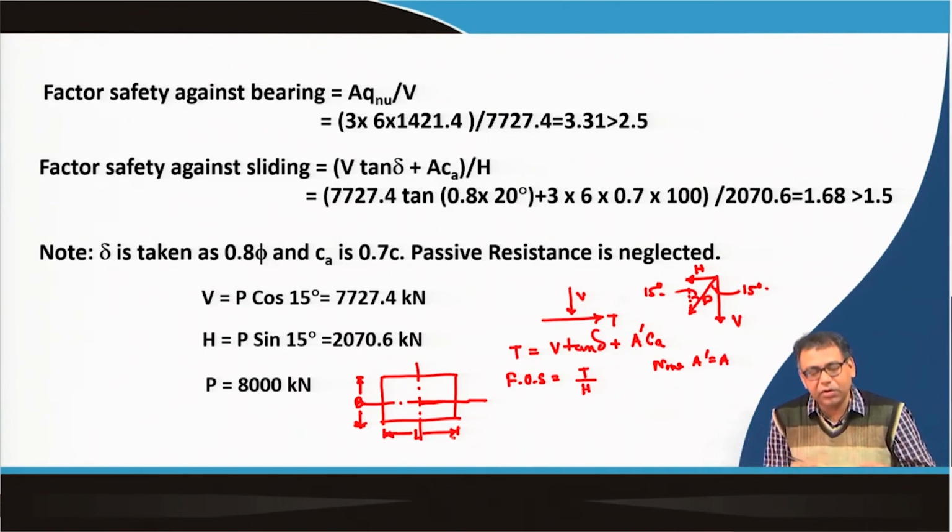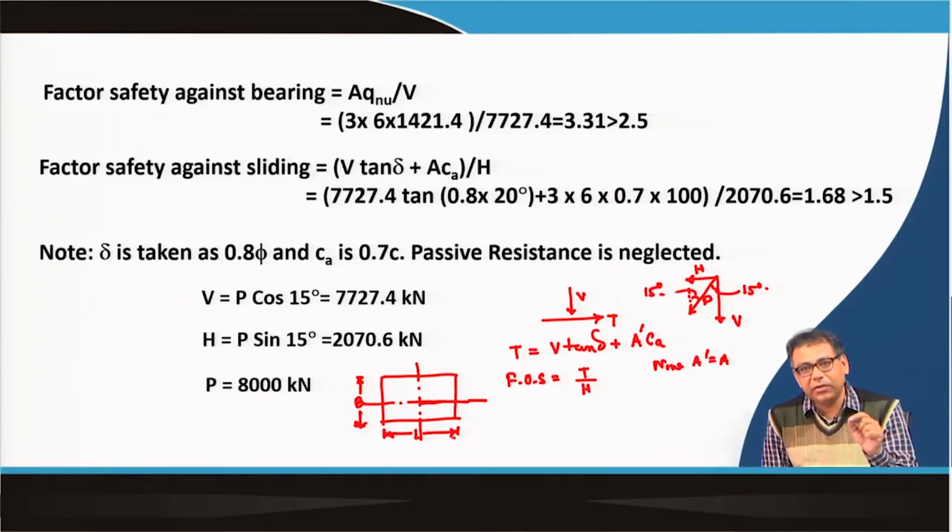Here we know it is acting at an angle of 15 degrees with the vertical axis, so that is good enough. The horizontal load can be parallel to the width or parallel to the length, but it is not required to know this to solve with the equation proposed by Meyerhof.